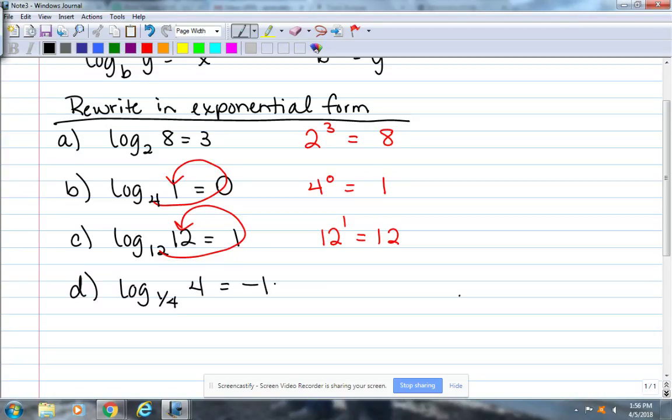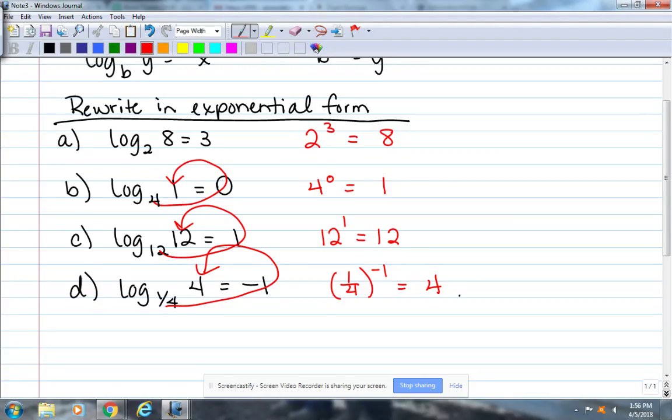All right, y'all help me write this one. That's not 1.5, it's a 4. I mean, 1 fourth to the negative 1 power equals 4. Do your loop.